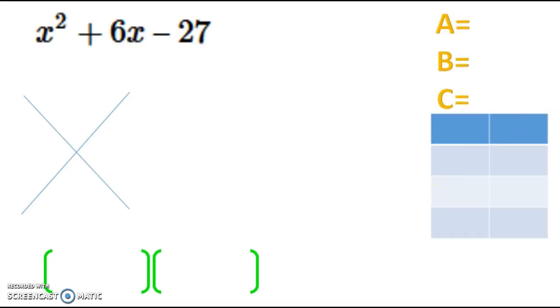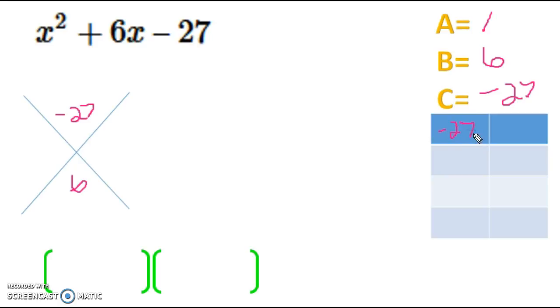Here's our last one. Once again, you need your a, your b, and your c. So 1, positive 6, negative 27. A times c, let's put that in the top: negative 27. In the bottom is your b, so it's your 6. Let's go to our table and find our factors of negative 27.